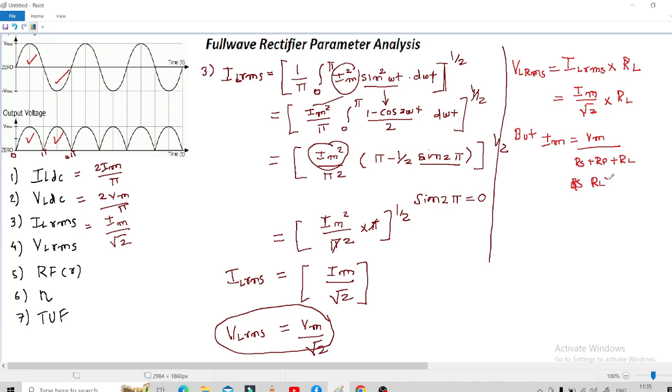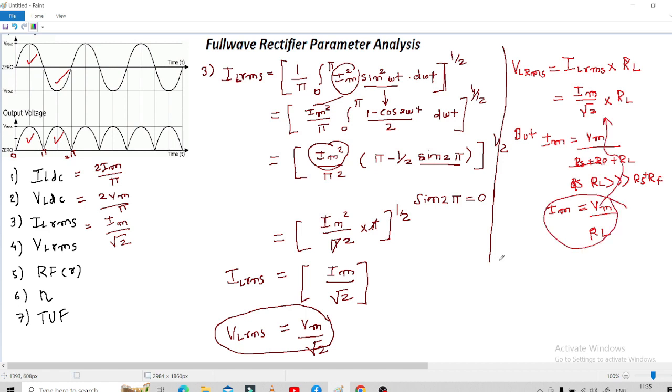As RL is very much greater than RS plus RF, this can be neglected. So if I neglect this, Im equals Vm by RL, and we replace this value in the above equation.